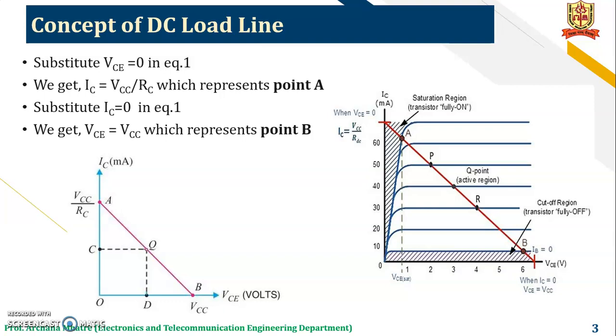So we will get IC is equal to VCC divided by RC, which represents the point A. Substitute IC is equal to 0 in equation number 1. We will get VCE is equal to VCC, which represents the point B. Here you can see in this graph, this is point A, whose value is VCC divided by RC, and this is point B, whose value is VCC.